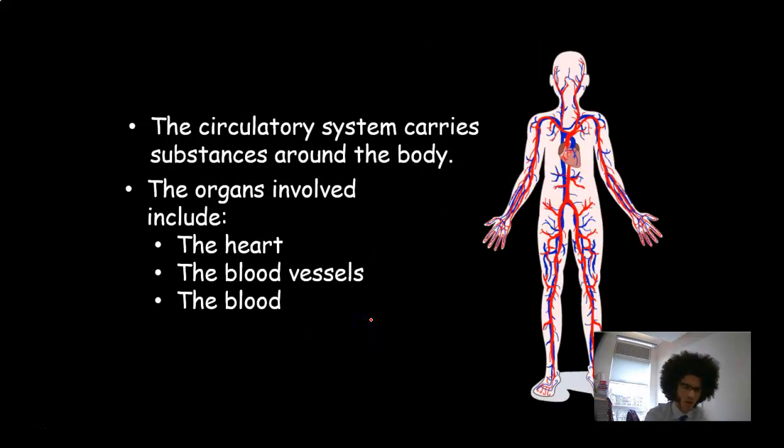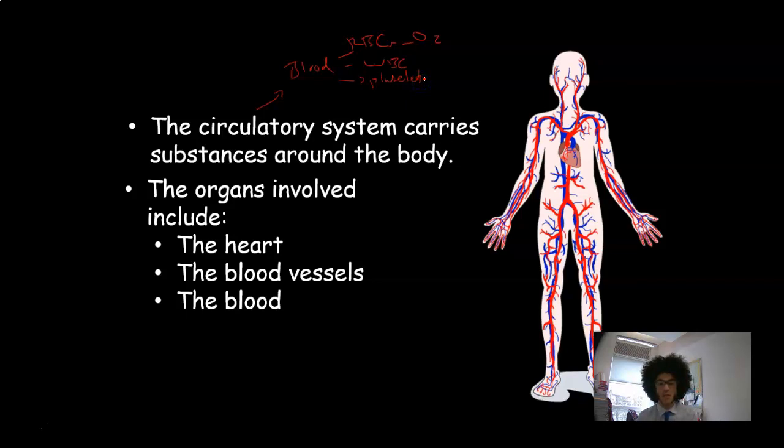So first off, let's talk about just the basics of the circulatory system. The circulatory system carries substances around the body, and for those of you that have studied the blood already, inside the blood you've got red blood cells which carry oxygen, you've got white blood cells which fight disease, you've got platelets and lots of other bits and bobs, as well as the plasma that actually carries it.